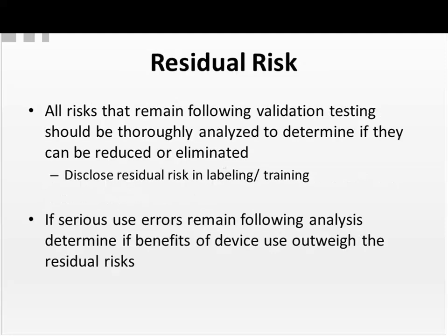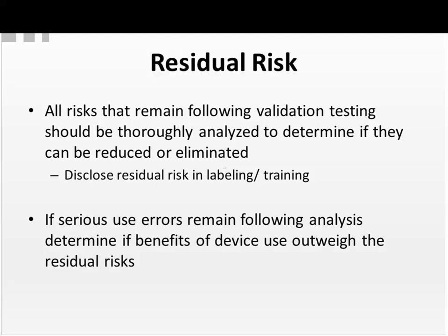Residual risk, very important to address residual risk. All risks that remain following validation testing should be thoroughly analyzed to determine if they can be reduced or eliminated. And these residual risks must be disclosed in the labeling or training.